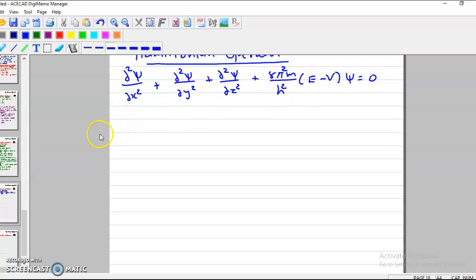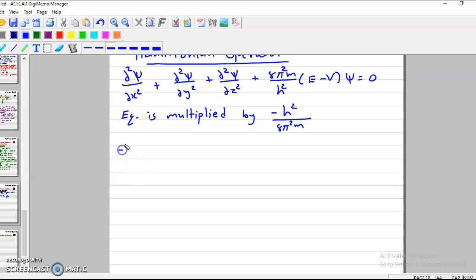In Schrodinger wave equation, this equation is multiplied by minus h square upon 8 pi square m on both the sides.